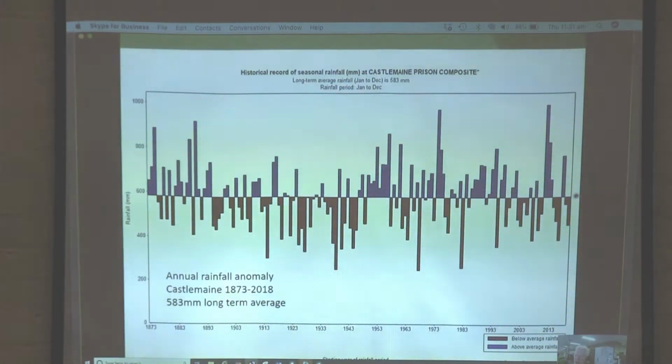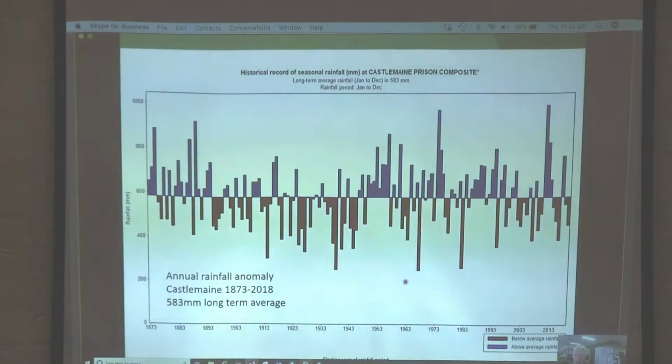What's interesting with this record for Castlemaine is that it's probably as well as anyone's fared in the last 25 years. I can go to some places and out of the last 20 years there's only been 3 above long-term average and 17 below average. So it does vary around the state, and you've probably been faring a bit better than some.